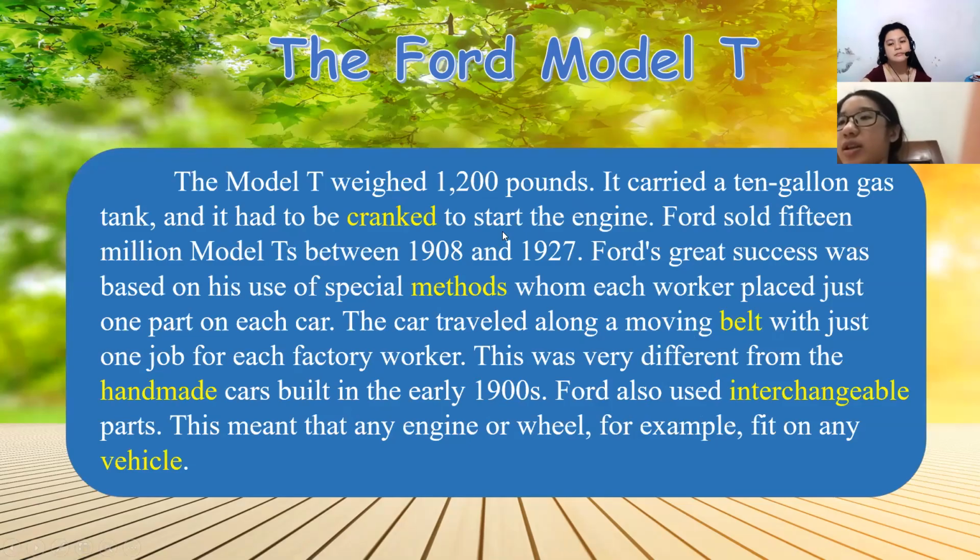It carried a 10-gallon gas tank, and it had to be cranked to start the engine. Ford built 15 million Model Ts between 1908 and 1927.